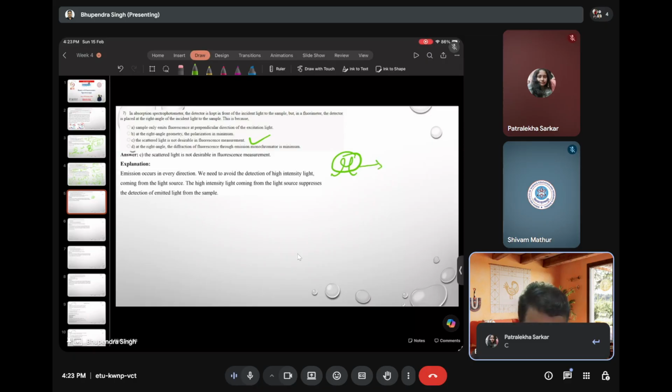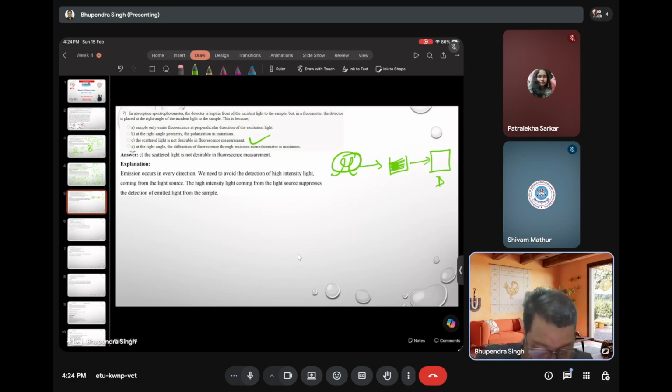So let's say this is your excitation light and this is your sample. If you keep your detector here, this is the setup for absorption, and here the detector for emission, because this light will excite your molecule and this molecule will emit, and the emission is directionless.